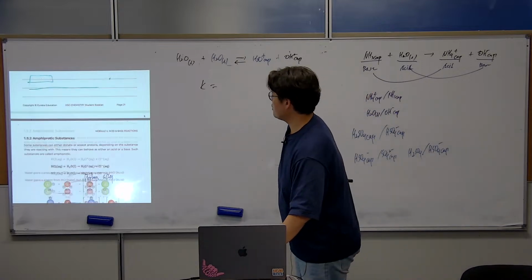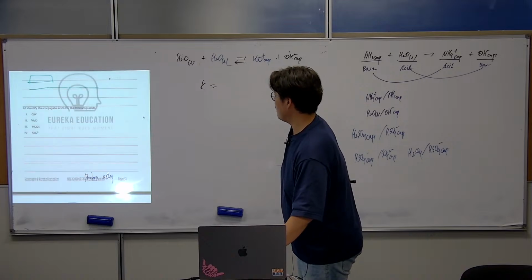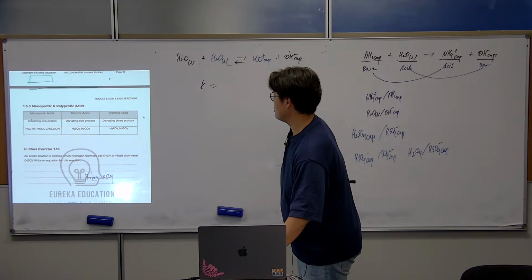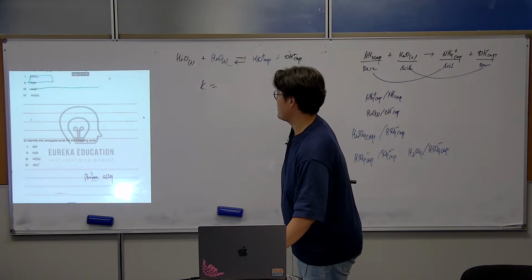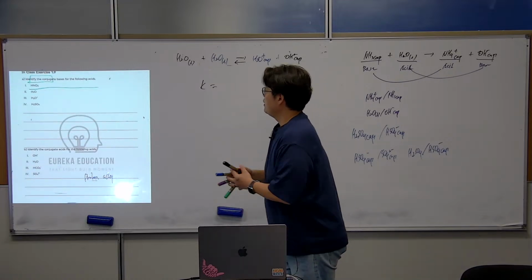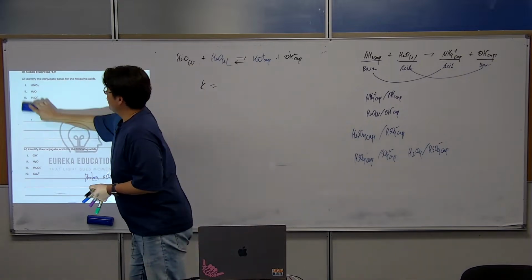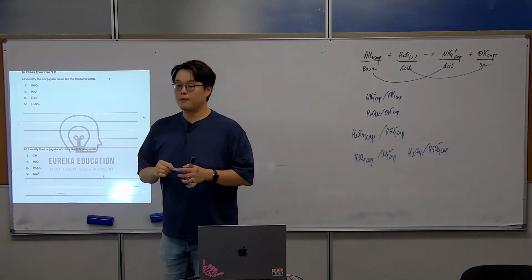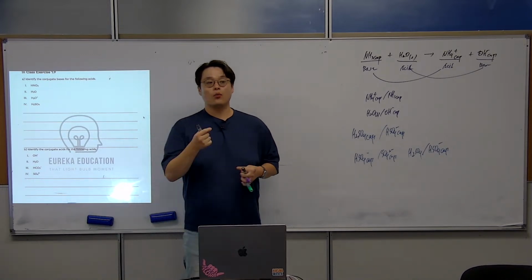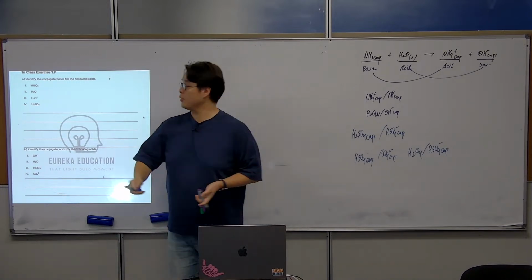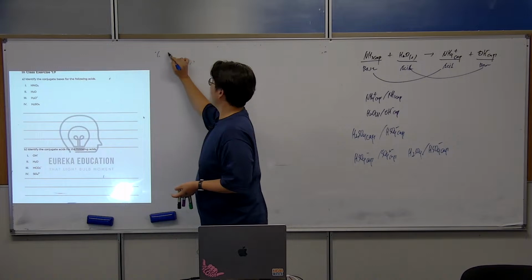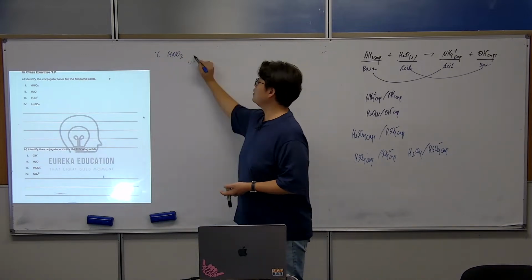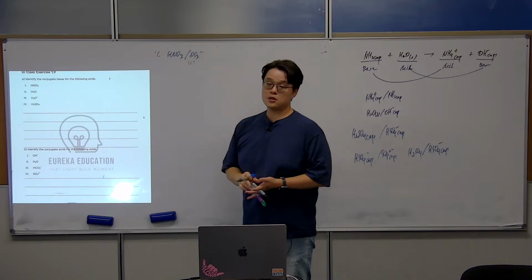Okay, let's do a couple of questions before we move on, before we have a break. Page 21, please. We're going to do that together. So identify the conjugate bases for the following acids. Remember that conjugate base means it has one less hydrogen. So if this is an acid pair, 1, HNO3 is an acid, the conjugate base would be NO3 minus. Simple as that.